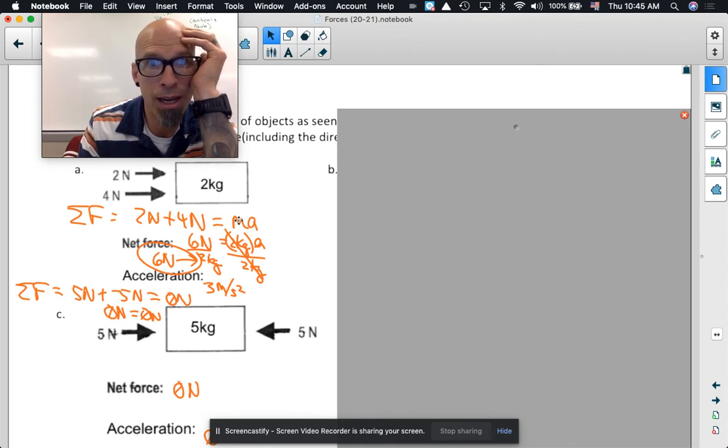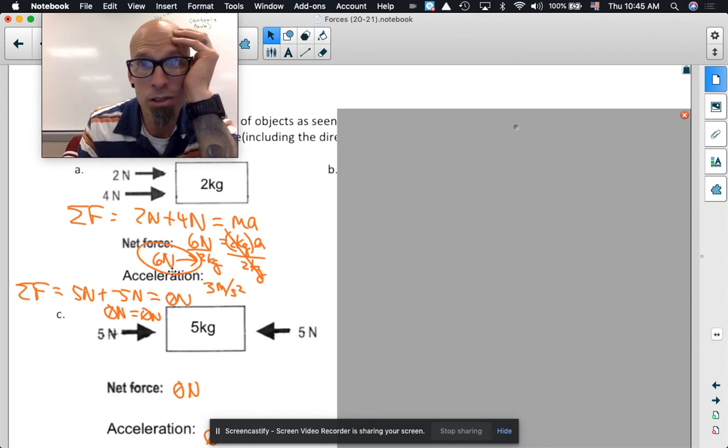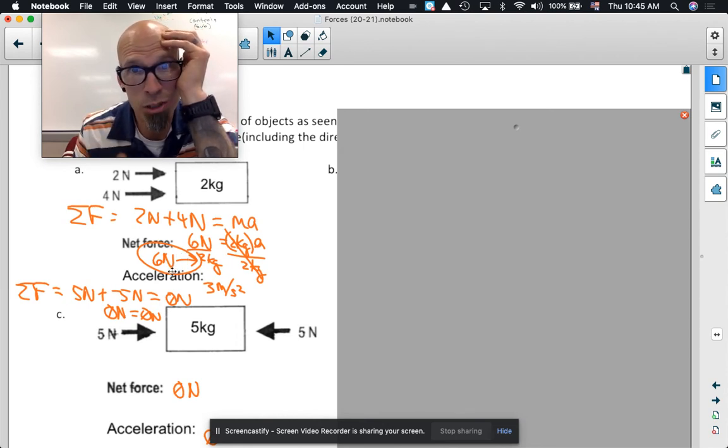How do we know it's MA? Because it's unbalanced. There's nothing pushing over here to the left. So everything's pushing to the right, nothing to the left. So yeah, that's unbalanced, so that equals MA. Now the net force, that's the sum. What's the sum of 2 newtons plus 4 newtons? It's 6 newtons to the right. So the answer for the net force is 6 newtons to the right.